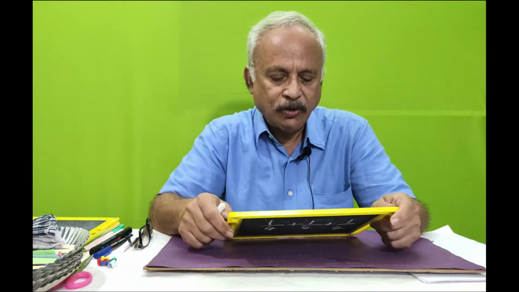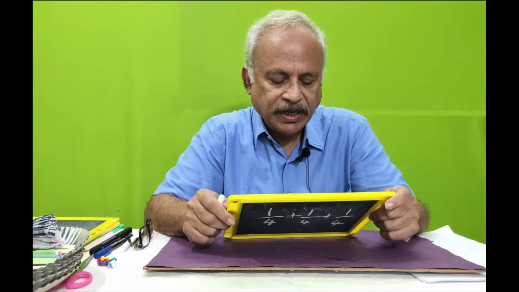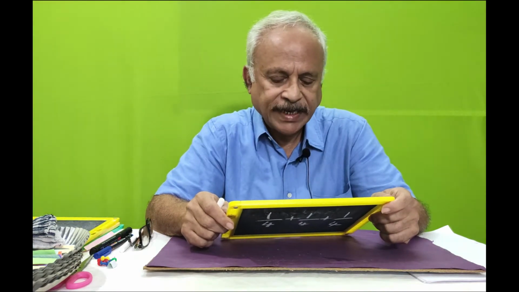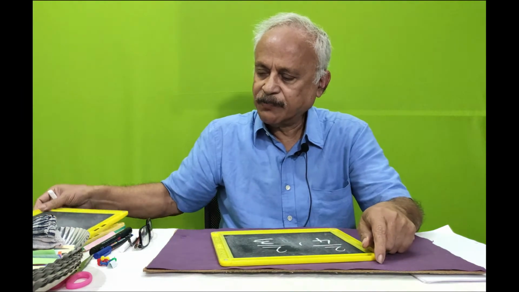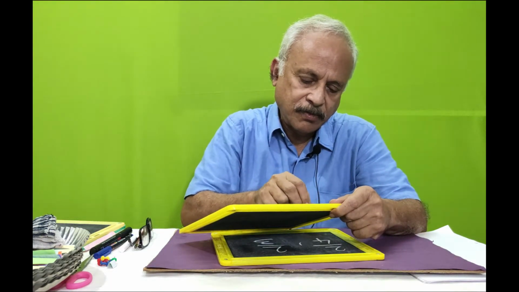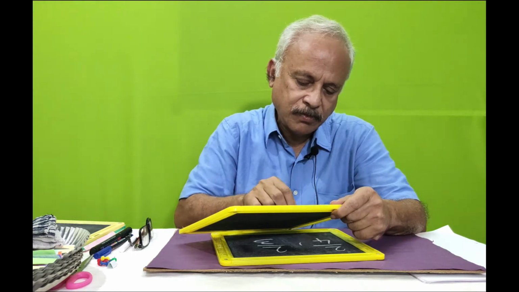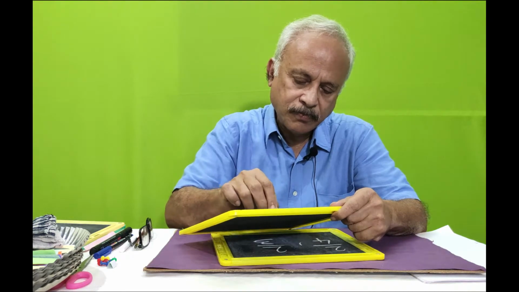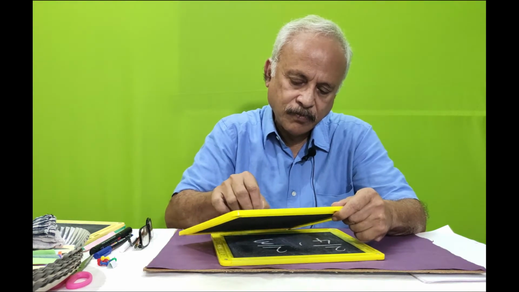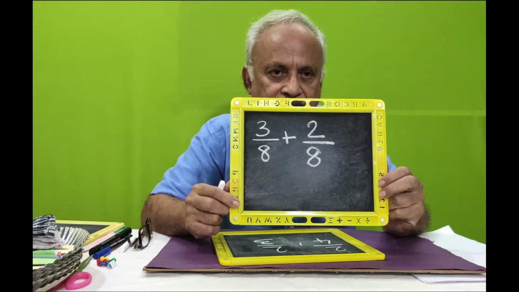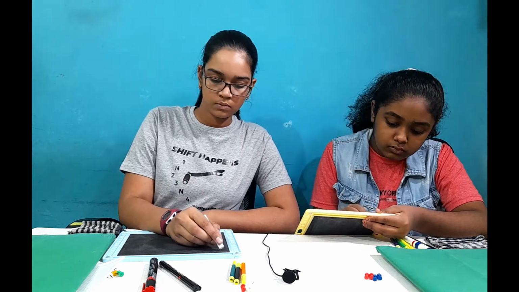All right. So now let me give you a problem to write with. On your slates, write down this problem. Write down the long form of this problem in your slates.